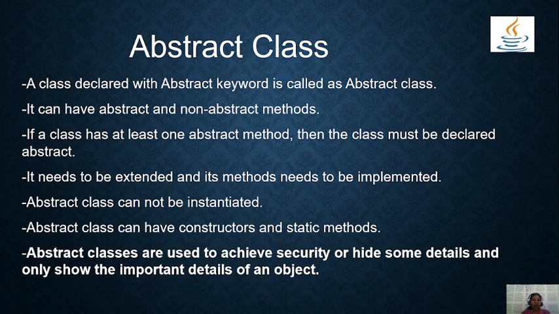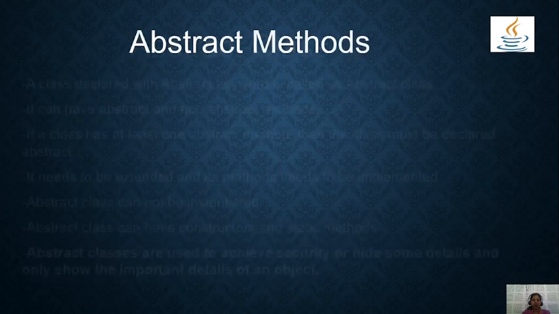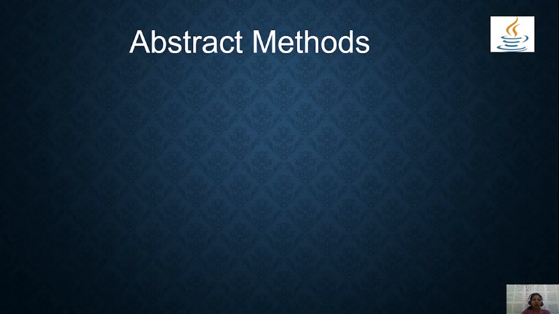The main use of the abstract class is to achieve security, because we are hiding the implementation logic. It basically hides some details and only shows the important details of that object, not all parts. So we use abstract classes and abstract methods to achieve abstraction.